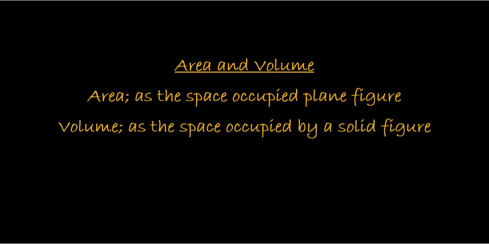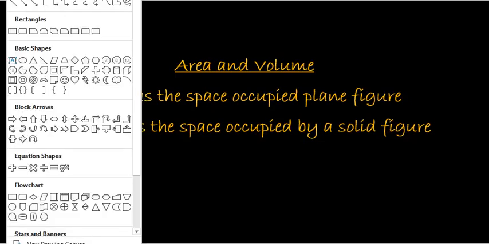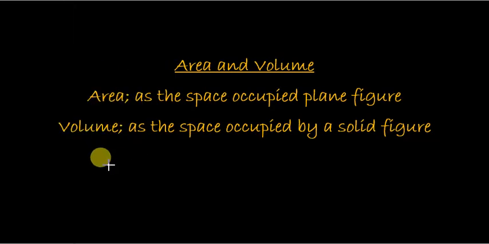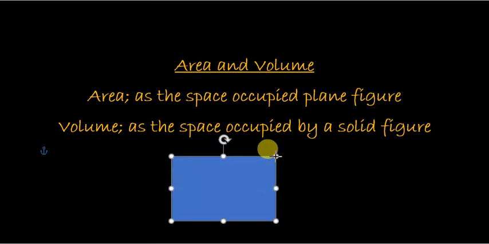So, with this in context, what do we mean? When you talk about area, you are talking about the space which is occupied by a plane figure, for example, a triangle or a rectangle, for instance, over here.